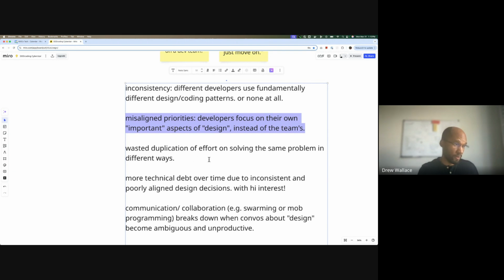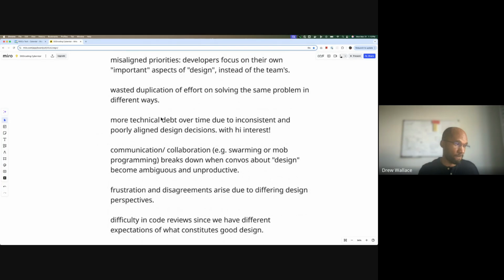So these are very familiar problems. Wasted duplication of effort on solving the same problem different ways, more tech debt, communication and collaboration breaks down, right? I'm sure we've all experienced this, even here talking about Cyberstar.